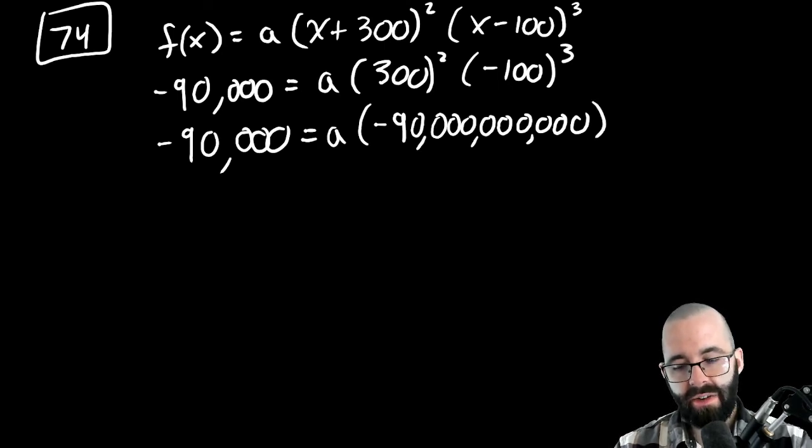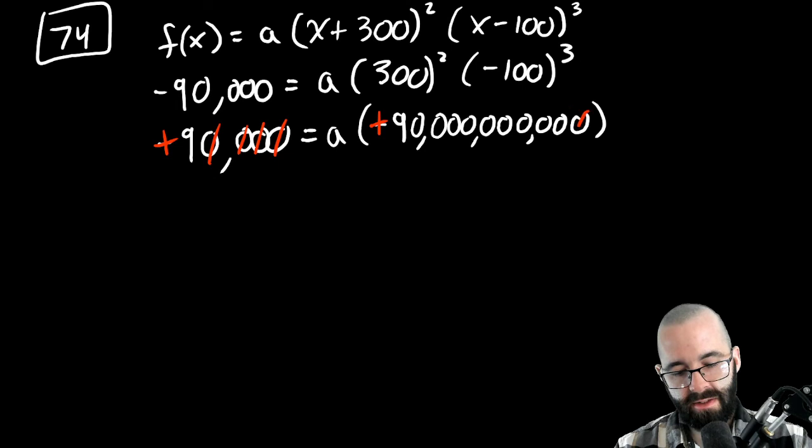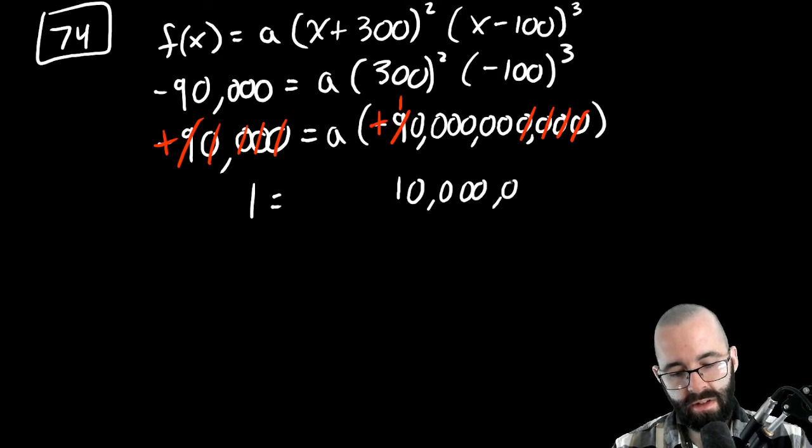But when we divide it out, right, the negatives are going to cancel. And then 4 zeros are going to cancel. And the 9 actually cancels as well to become a 1. That gives us 1 equals 1, 0, 0, 0, 0, 0, 0.